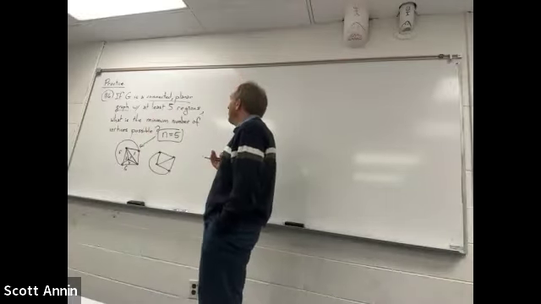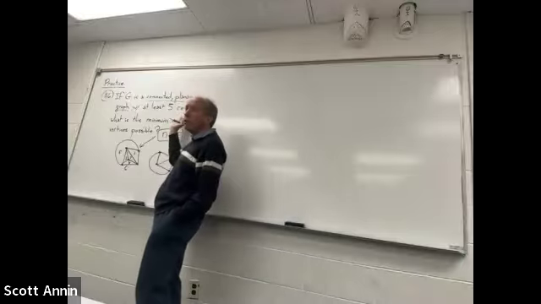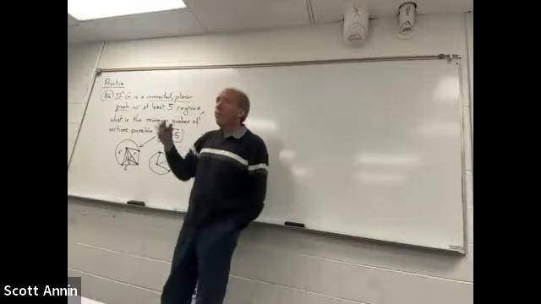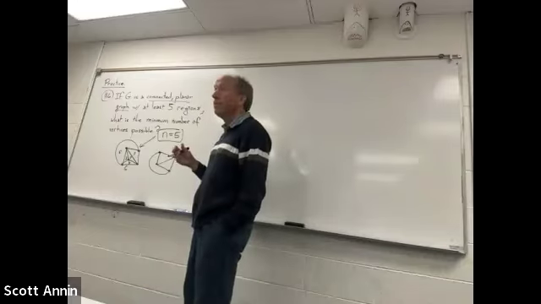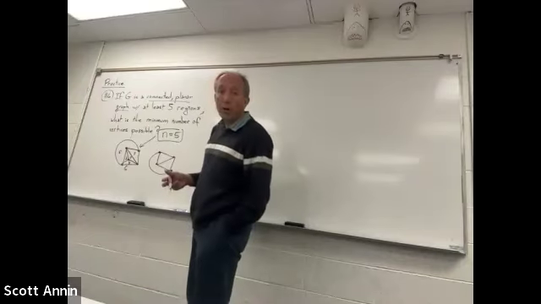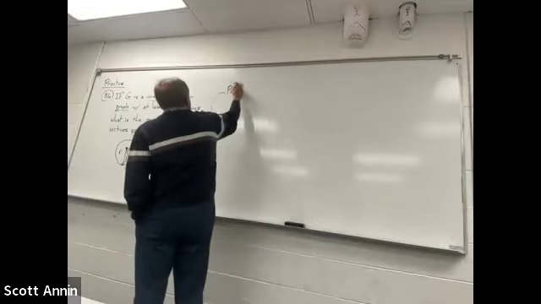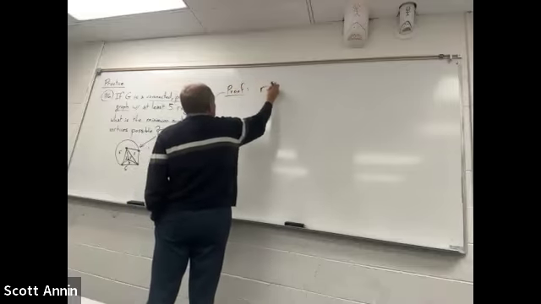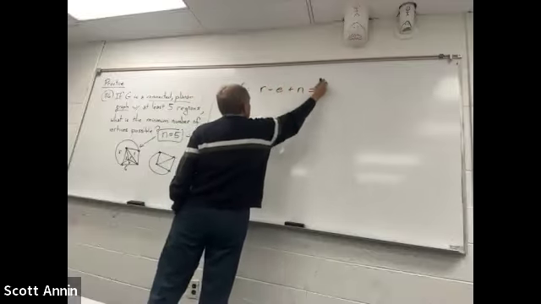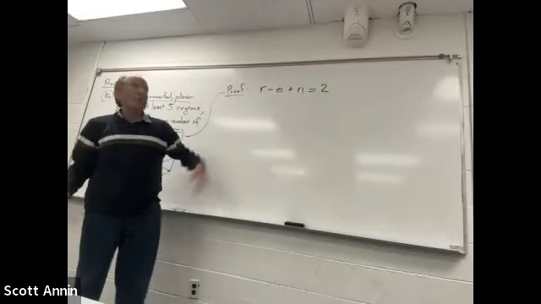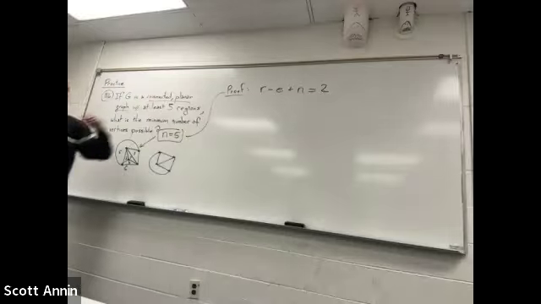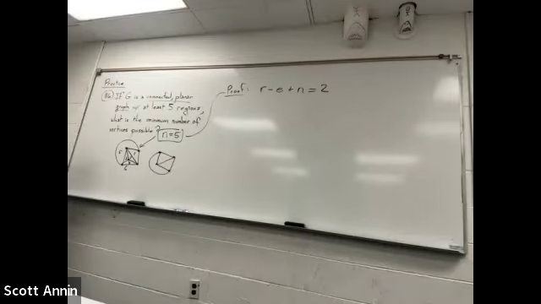Does anybody remember any equations involving regions and vertices for this kind of graph? Euler's formula? Yeah, we could use Euler's formula. So let's see if we can give a proof here. Euler's formula says r minus e plus n is equal to 2, for a connected graph.